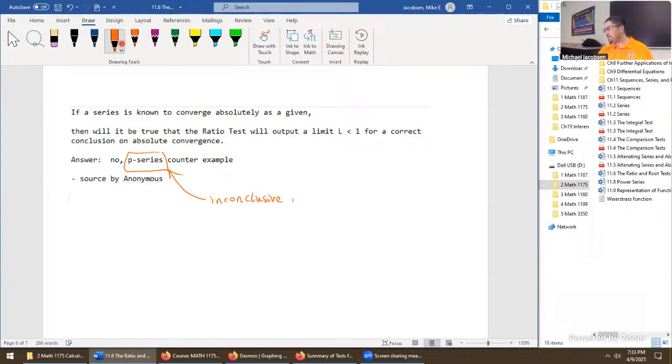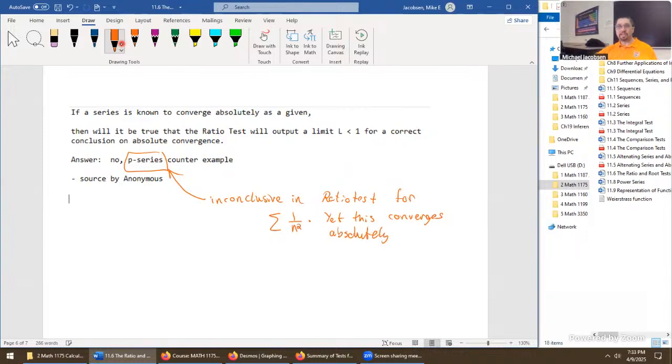Inconclusive in ratio test for, just say a really quick example, summation 1 over n squared. Yet, this converges absolutely.